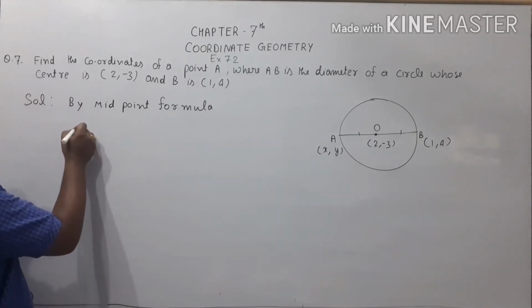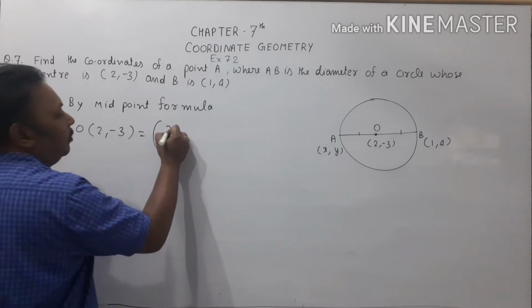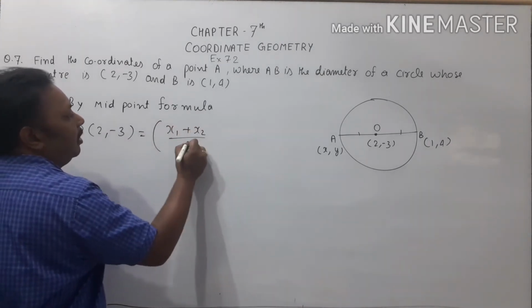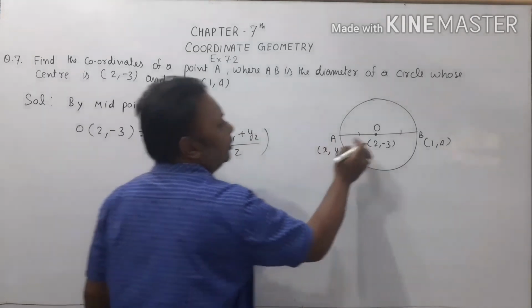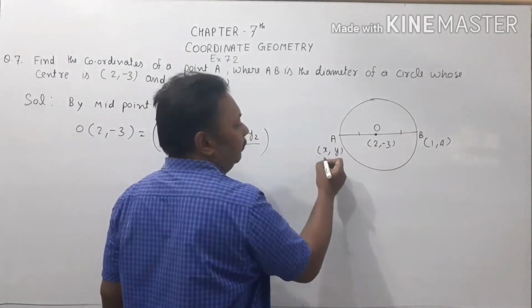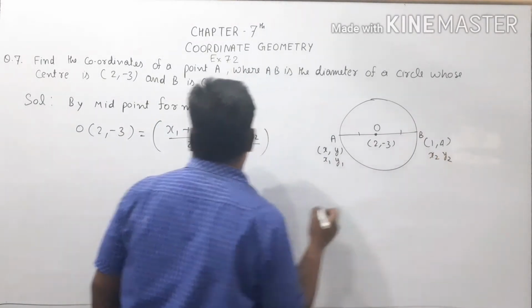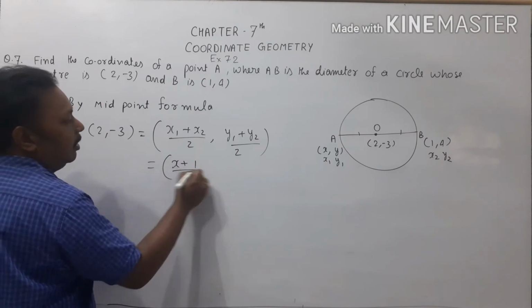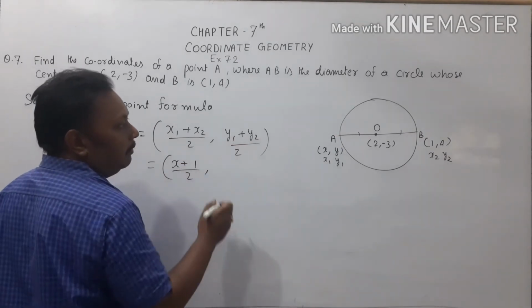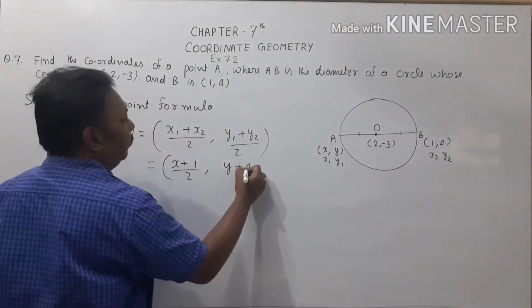The midpoint formula: O (2, -3) is equal to (x1 plus x2 upon 2, y1 plus y2 upon 2), because the center is the midpoint of the diameter. This point is (x1, y1) and this point is (x2, y2). We put the values: x plus 1 upon 2, y plus 4 upon 2.